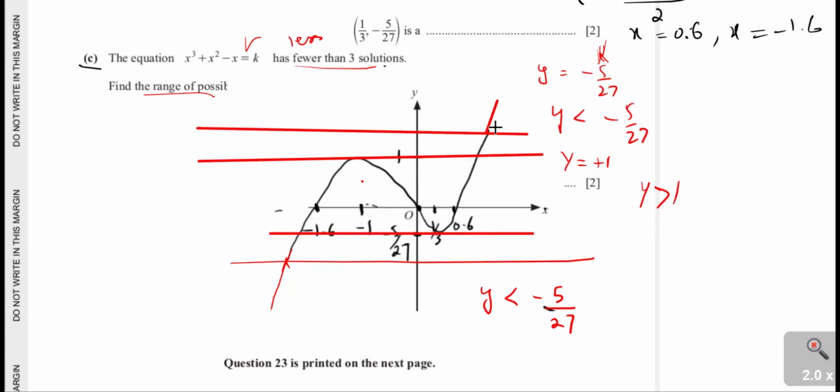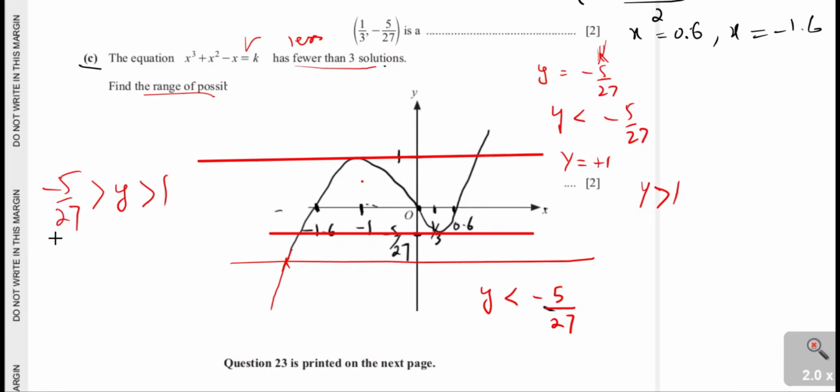It means it has only one solution. Therefore, we can write another range of values: y is greater than 1. So k is less than minus 5 over 27 or greater than 1. This is the possible range of values.